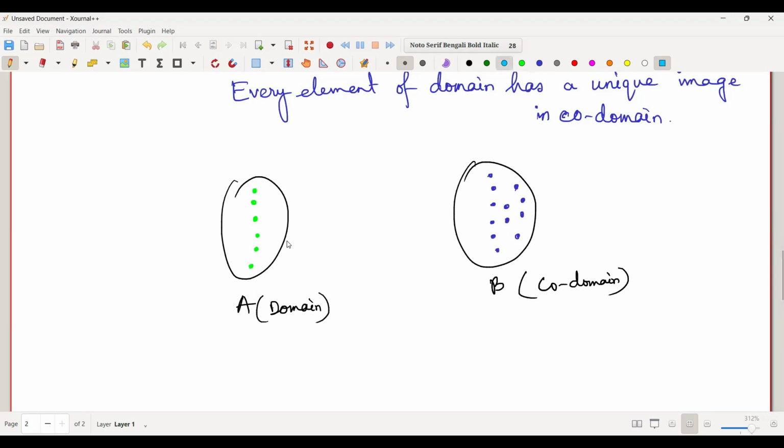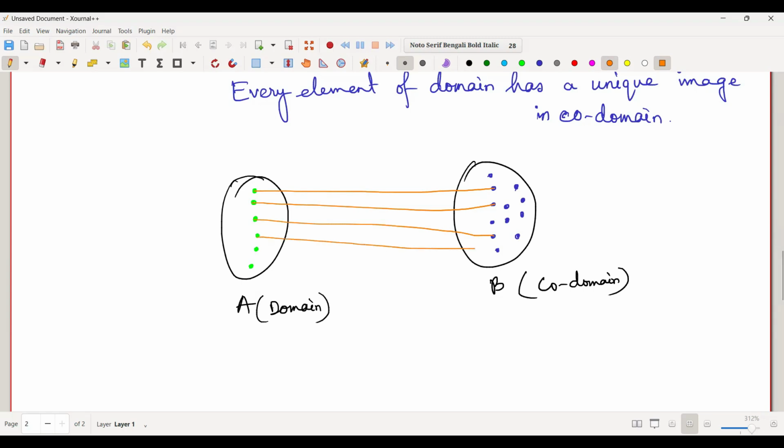So for a one-one function, every element of set A should be mapped to a unique element of set B. That means this element should map to only one element of set B, and this element should be mapped to one element of B. This element should be mapped to another element.